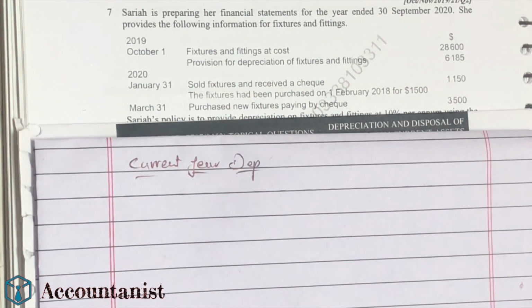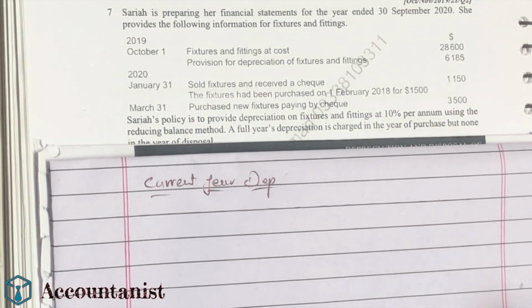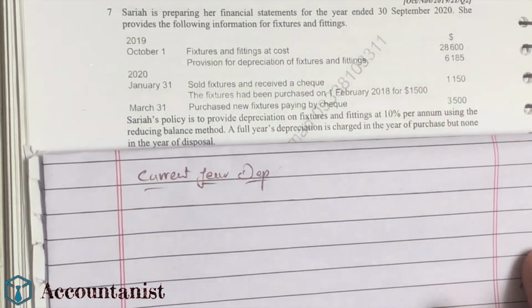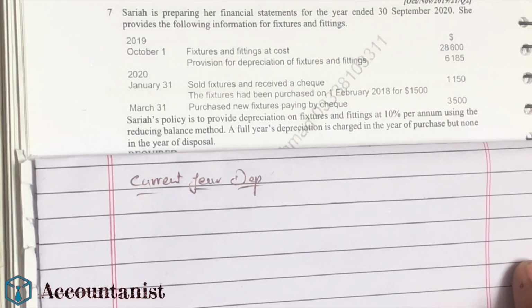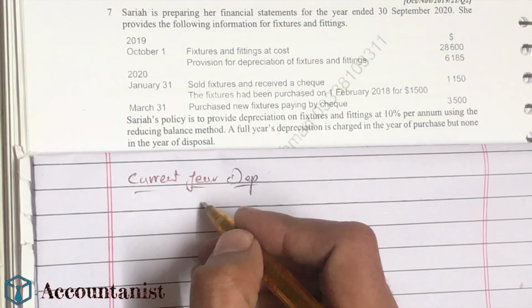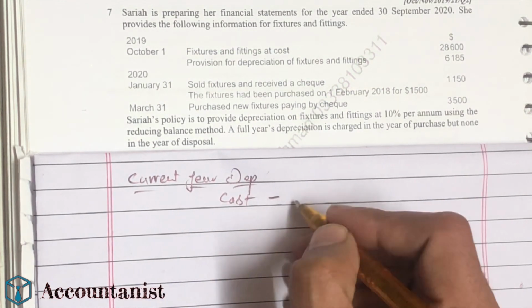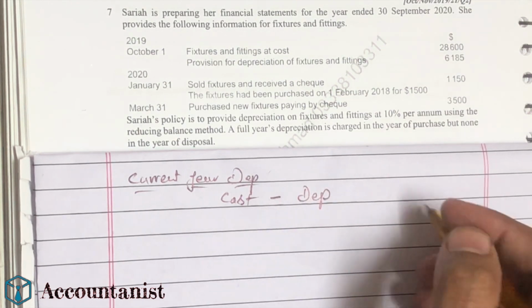In the reducing balance method, first of all, what do we have to do? We have to see how much of the assets we have with us at the year end. We have the opening balance of cost and the opening balance of depreciation.